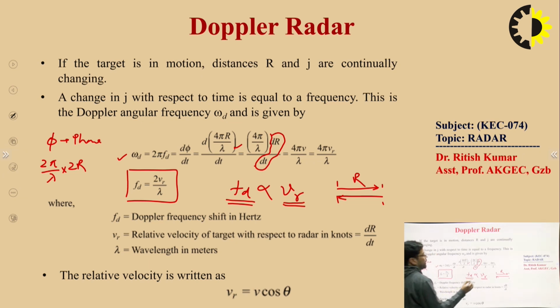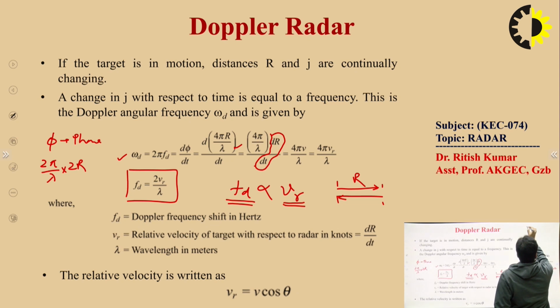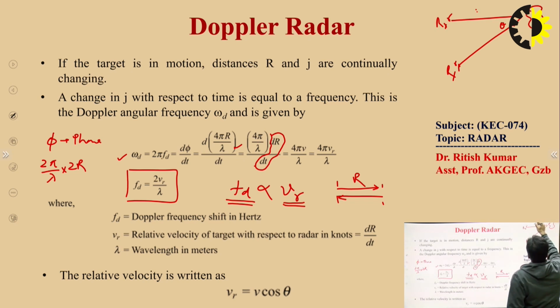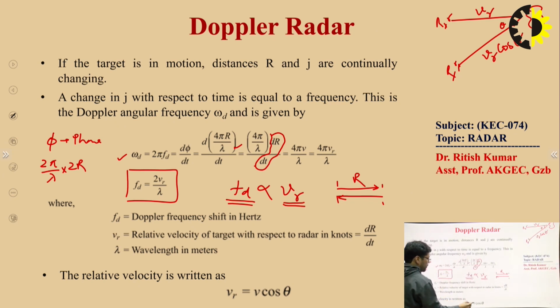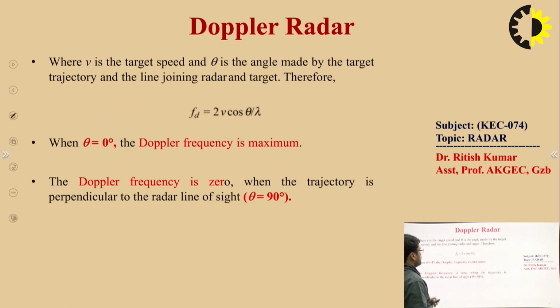Suppose the target is at some angle location, right? So this one is the receiver, and this one is the target. Suppose this velocity is represented as Vr. Then this velocity becomes Vr cos theta, so the equation is replaced by twice V cos theta upon lambda, if the target is at some angle theta.